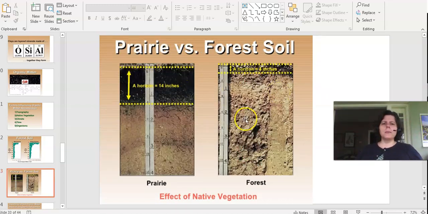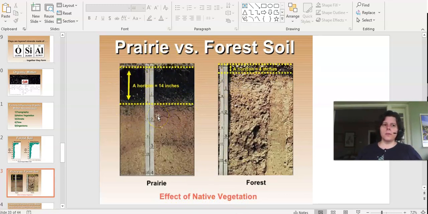Okay, so when we look at different types of soils too, we look at a prairie soil, which we've got around here. We usually have that A horizon, usually about 14 inches. It varies depending on where you are, but with prairie soils we get this very thick organic layer. When we look at forest soils, especially very well drained ones, we may only have a few inches. So again, when we talk about the effects of native vegetation, it creates this beautiful organic matter.